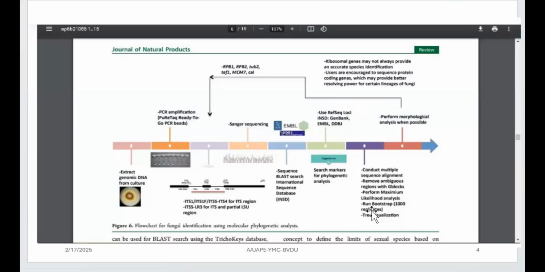And here you are going to carry out multiple sequence alignments, and then ambiguities are removed, and you get to know how far is the percent similarity and to which group the isolate would probably belong to. So this is the flowchart of the identification using molecular phylogenetic analysis methodologies.